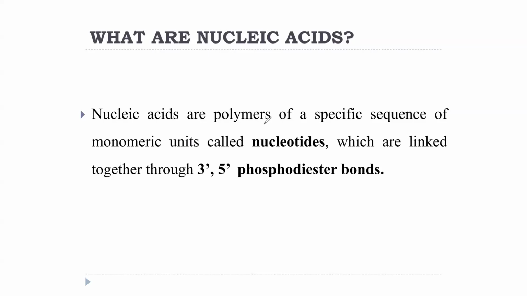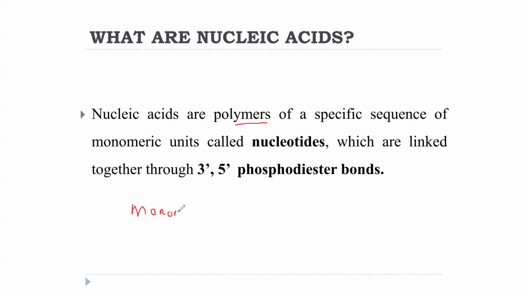When you say a compound is a polymer, it means that it's made up of smaller units, and those smaller units are called monomers. Like for example, in the case of DNA, we have monomers.